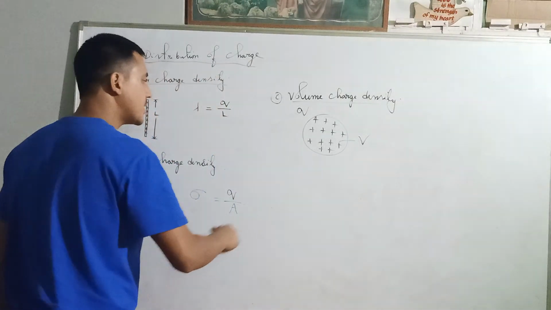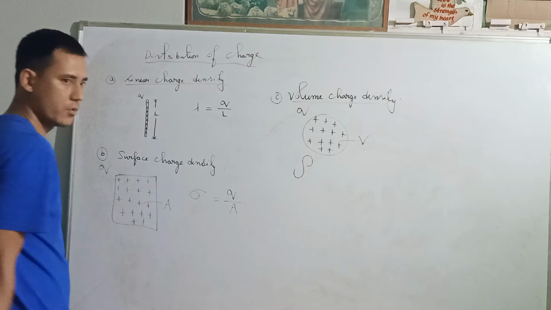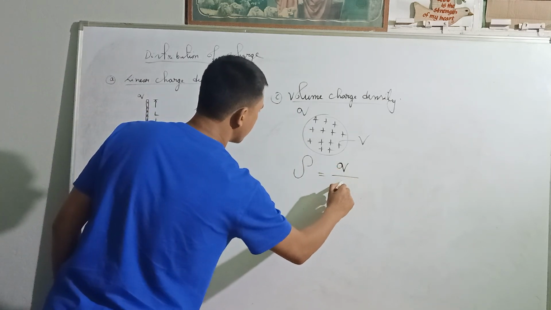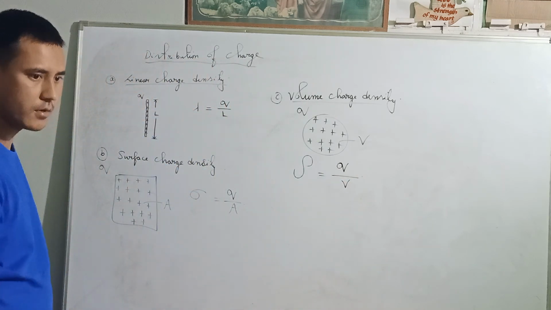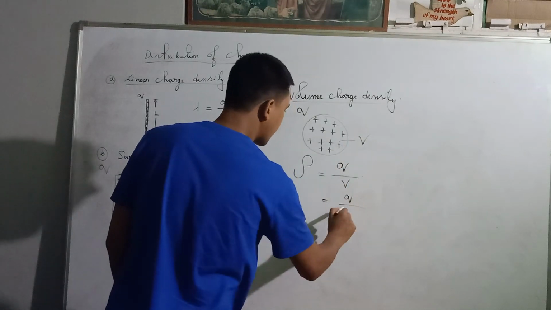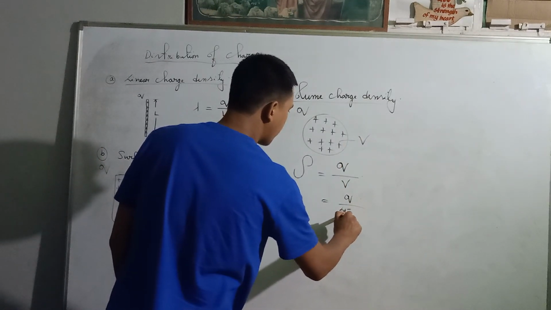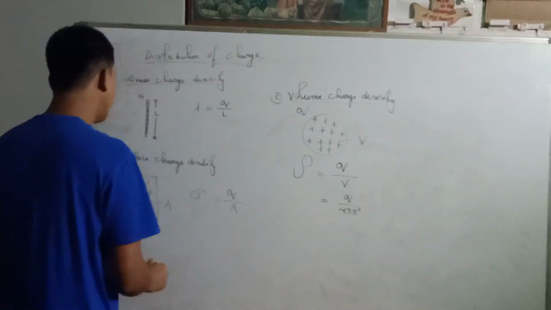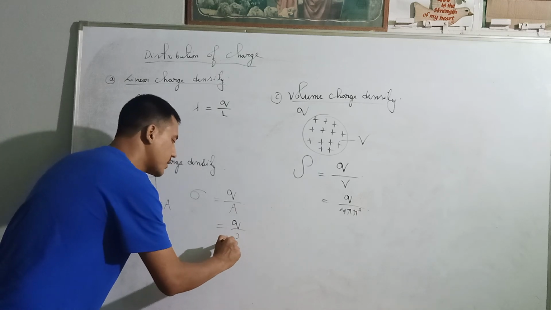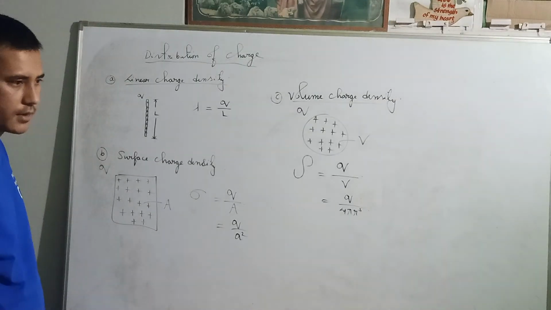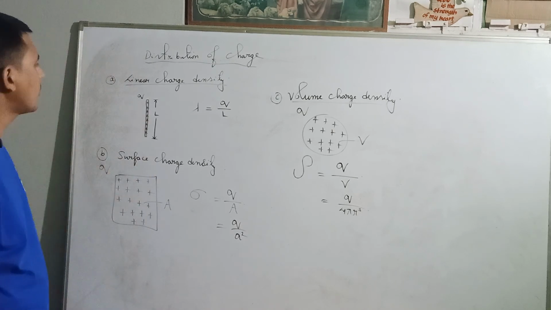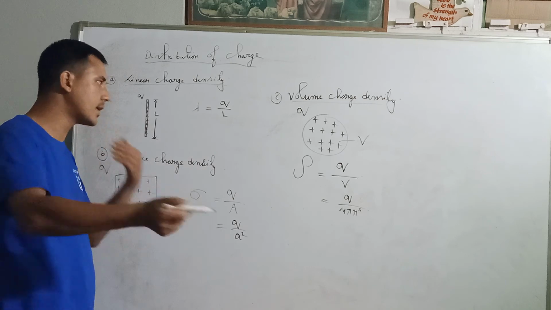Then the volume charge density rho is given by total charge upon the volume of the sphere. If the sphere has radius r, then I can write the volume as 4 by 3 pi r cubed. If this is a square sheet, then Q upon area, we can write side square. For a rectangular sheet, length into breadth. And for one-dimensional, it is just the length.